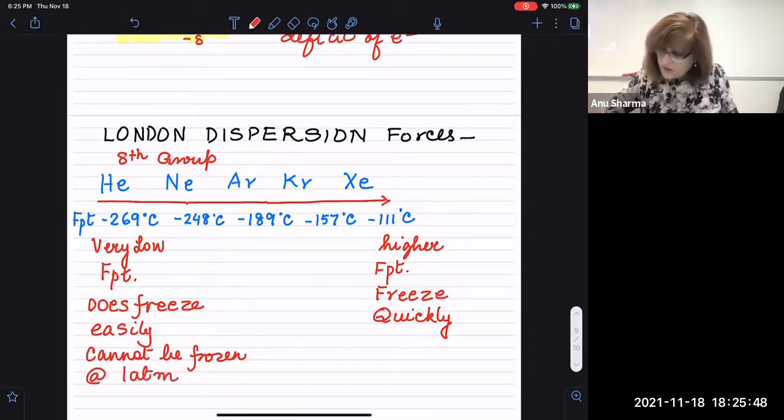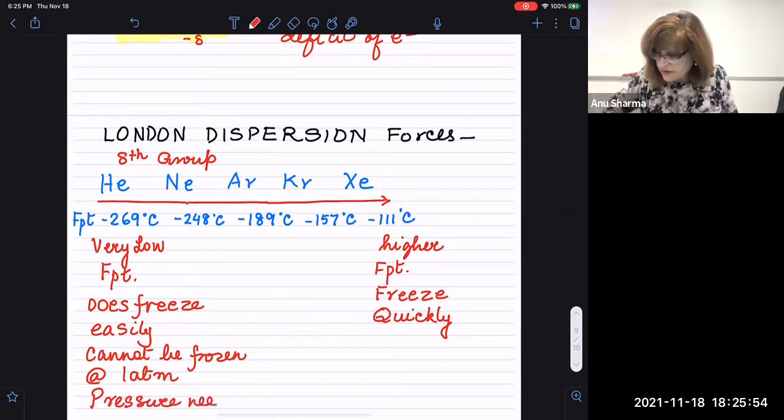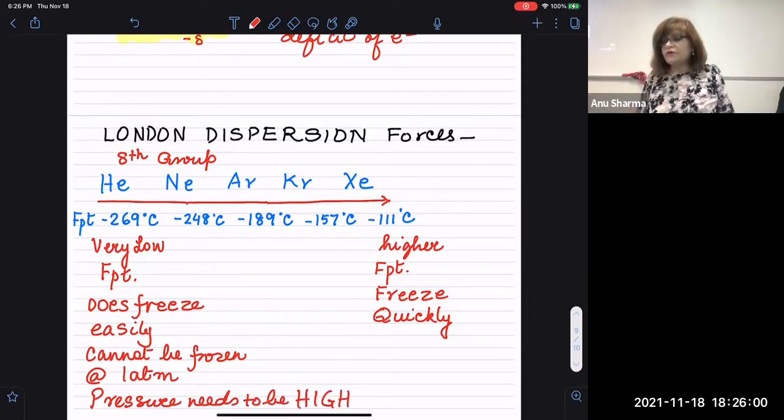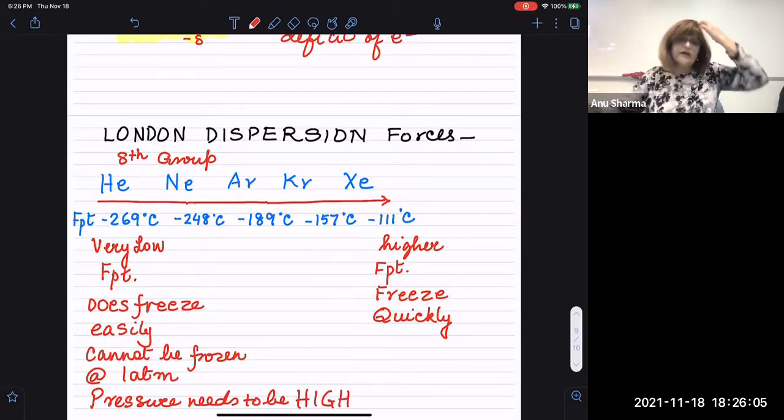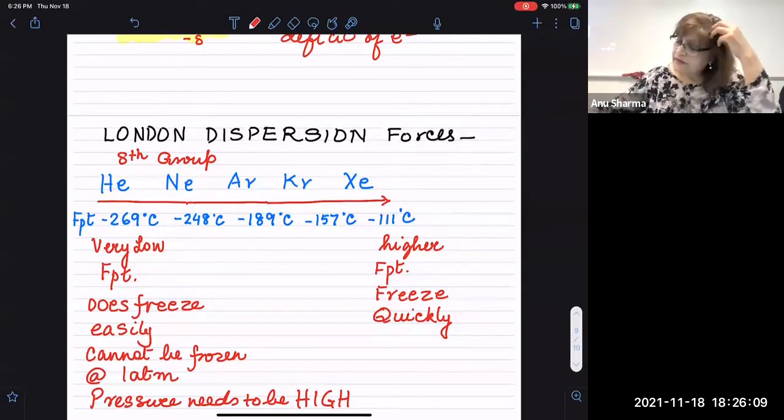Pressure needs to be applied in order to freeze helium. Pressure needs to be high in order to freeze helium. Why is that so? Why do you think? What is happening here?